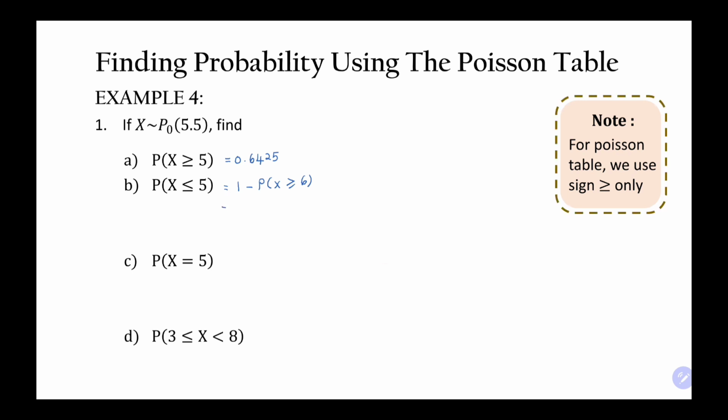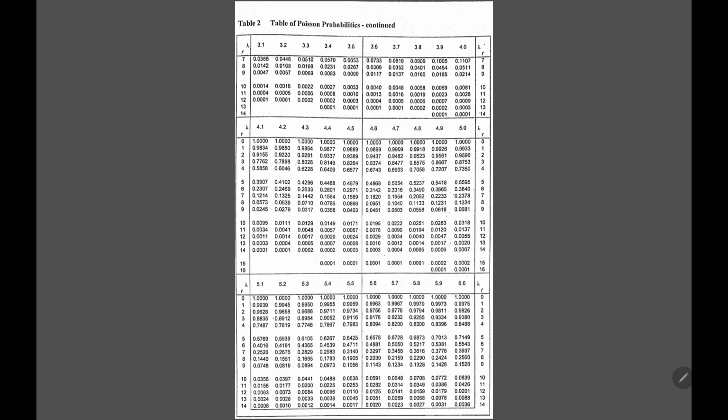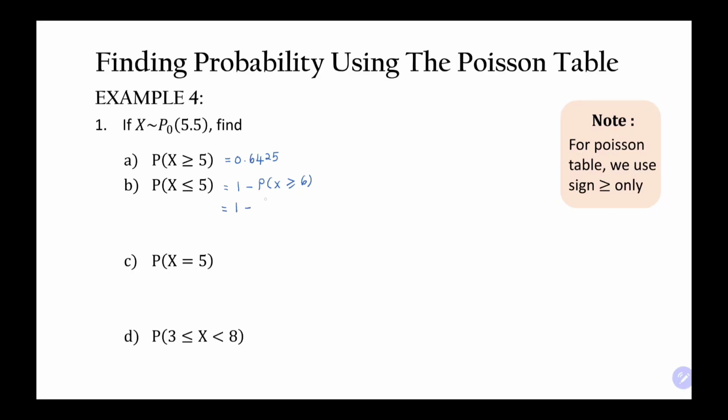Then we check the table, lambda 5.5 and r equals 6. We have the answer 0.4711. So we subtract 0.4711 from 1, and we get the answer 0.5289.